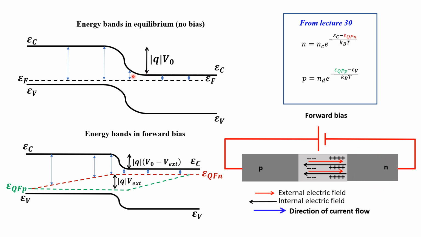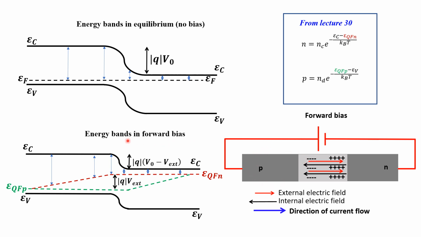Then this concentration reduces across the p-n junction, across the depletion region, and when we reach the p side, then we have a very low concentration of free electrons. That is why the distance now is long. So these long arrows here represent a low concentration of free electrons in the p side.